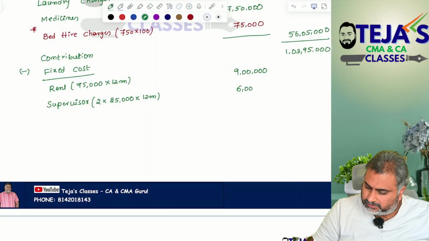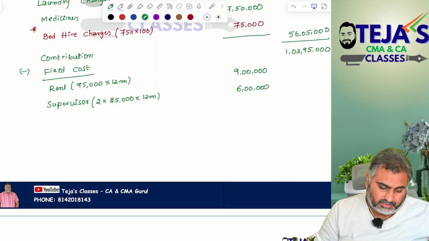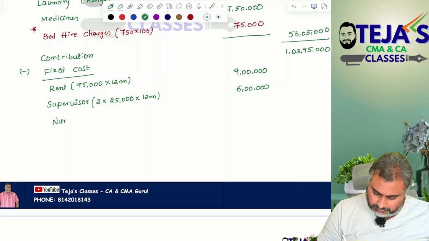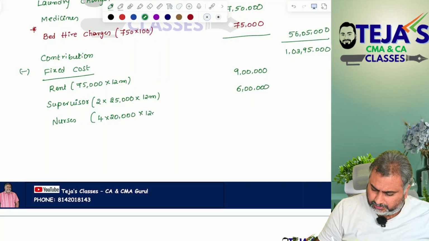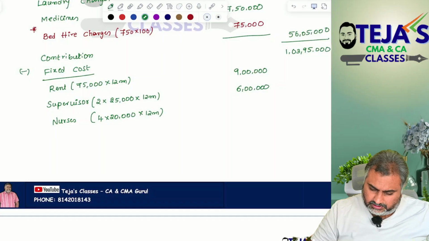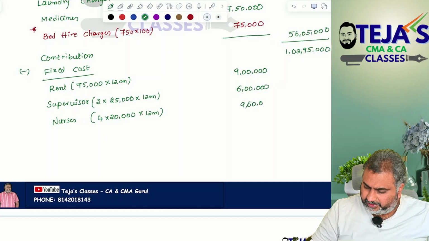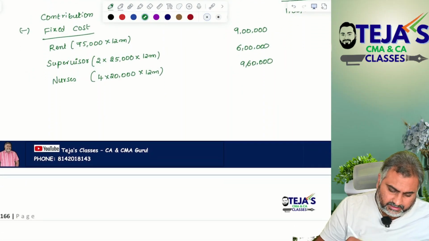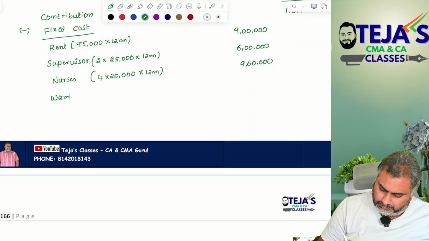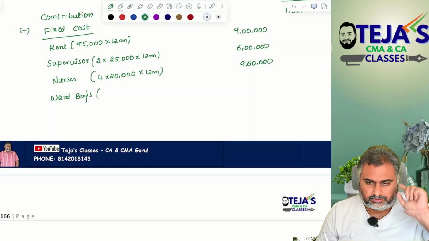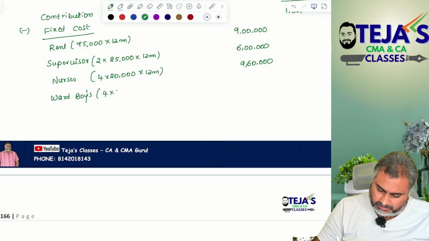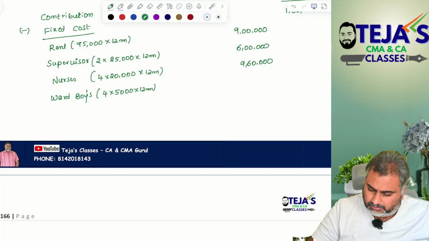That is equal to 6 lakhs. Next, nurses, 4 are there. Each person we are paying 20,000 per month. So into 12 months, that is equal to 9,60,000. Next, ward boys. How much are we paying the ward boys? 5,000 each. 4 are there, into 5,000 into 12 months. That is equal to 2,40,000.